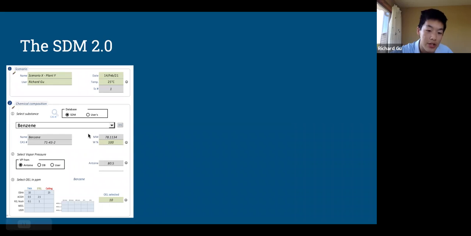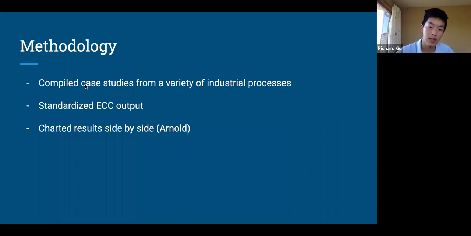As you can see, there's less scenario-specific information that's required than the mathematical model, so a simpler design overall. So my methodology: I compiled case studies from a variety of industrial processes, all the way from exposure to acetone in a nail salon to the cleaning of semiconductor wafers in a more industrial setting.